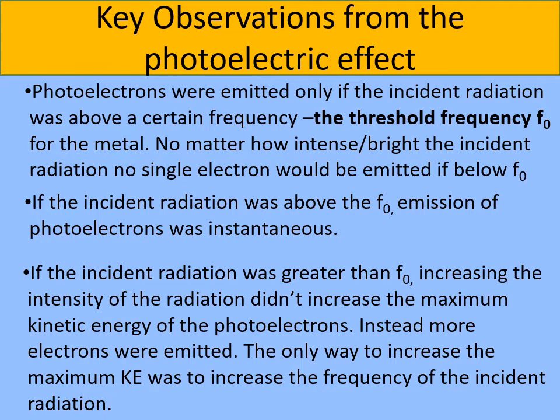As an example, if the threshold frequency for a particular metal is in the green part of the visible spectrum, bright red light doesn't cause emission of electrons. Red light has a lower frequency than the threshold frequency for this metal, yet very dim blue light would cause emission of electrons. Again, this didn't fit with the wave model, in which the rate of energy transferred by the radiation is dependent on its brightness.